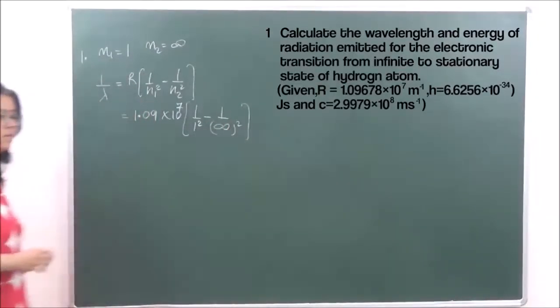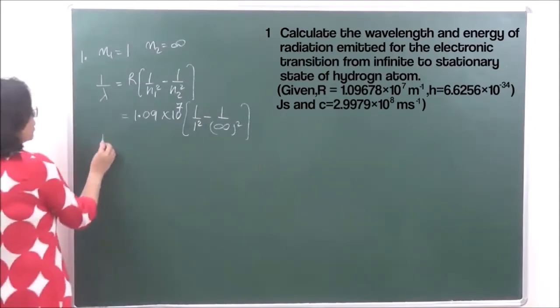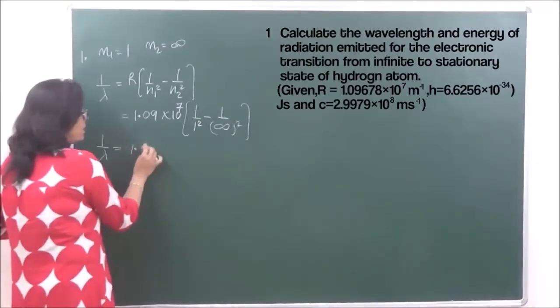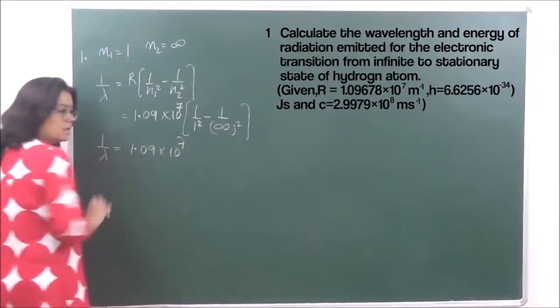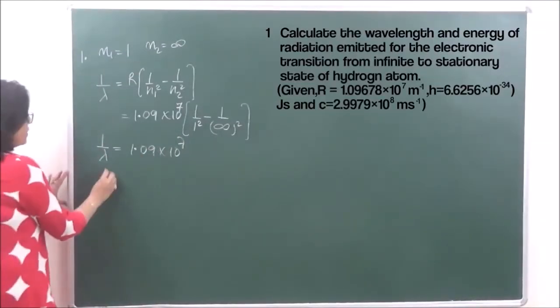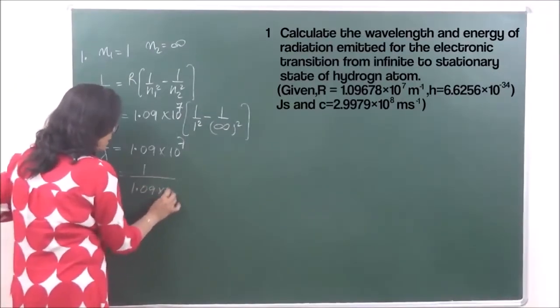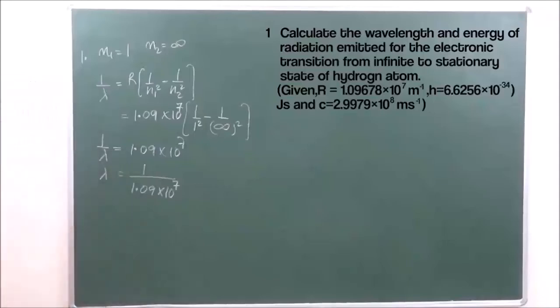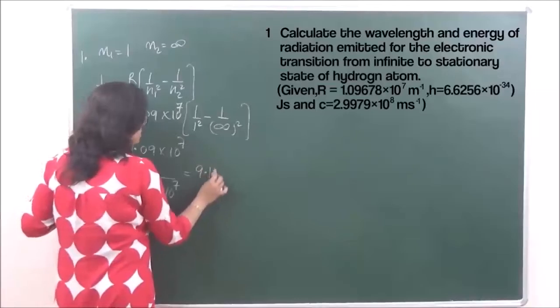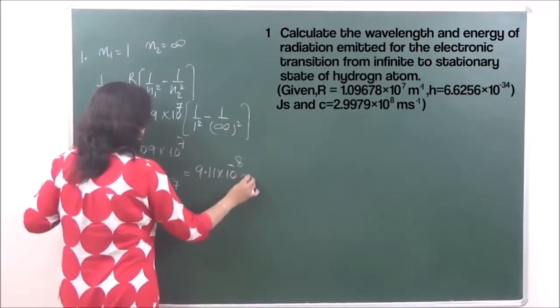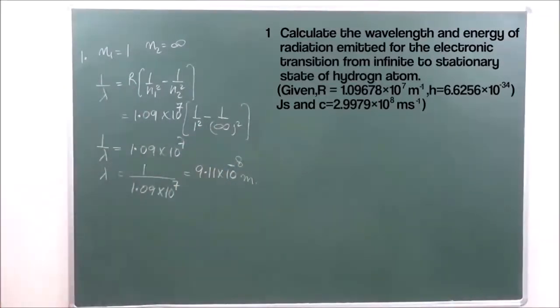When you calculate, 1 upon infinity becomes equal to 0, right? So 1 upon lambda is equal to 1.09 into 10 raised to power 7, or lambda will be the reciprocal, 1 upon 1.09 into 10 raised to power 7. When you calculate, this comes to 9.11 into 10 raised to power minus 8 meters. So this is lambda.